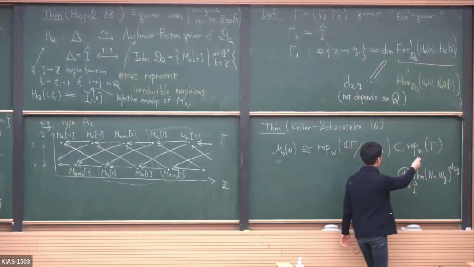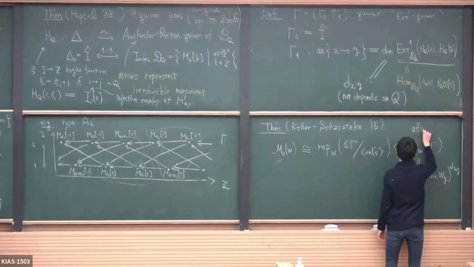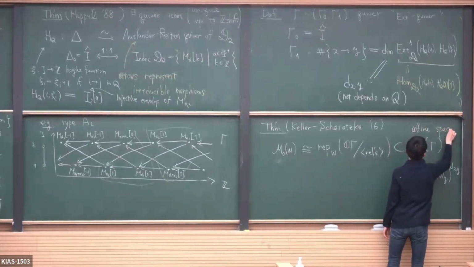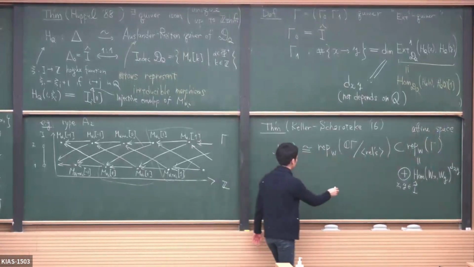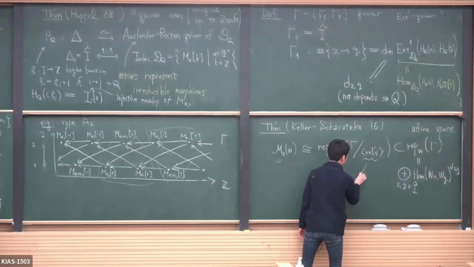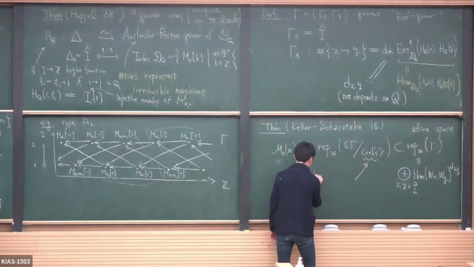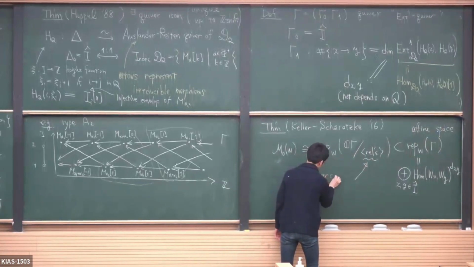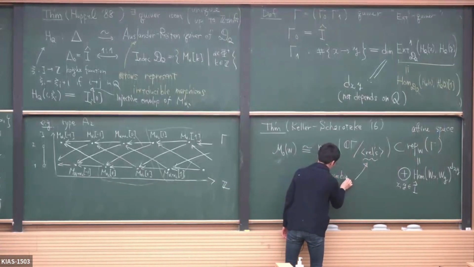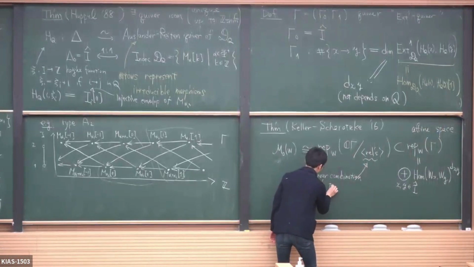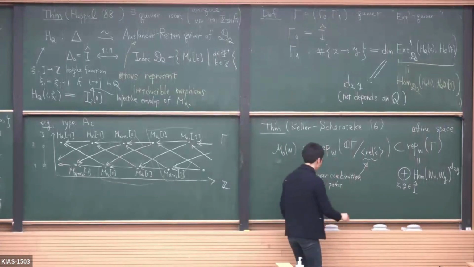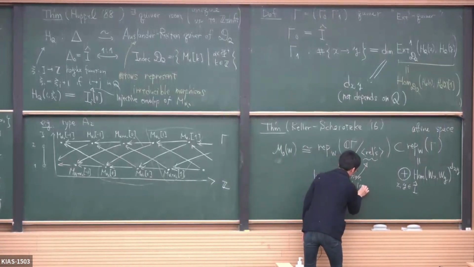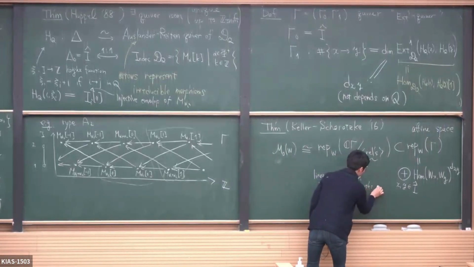So this is just an affine space. And for this relation, it is given by a linear combination of paths in this quiver gamma of length greater than 1.